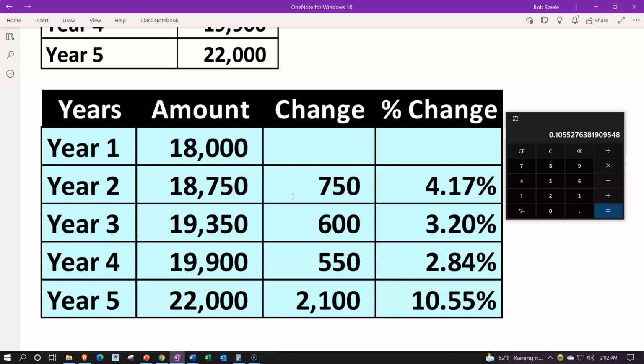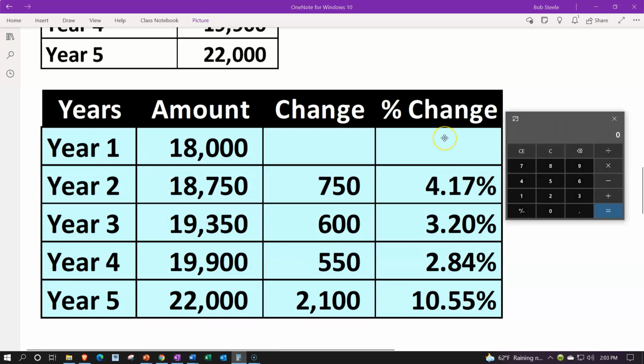If you're trying to compare one thing to another thing, you almost always have to end up using ratio analysis to some degree to make it a fair comparison. And to make it a fair comparison, you need to understand what the ratios mean so that you can interpret them. So then down here, of course, now we've got this big increase of the 10.55% increase, which tells us a little bit more about the detail of what happened from years 1 to 5.